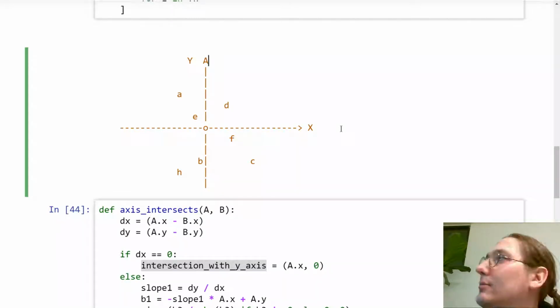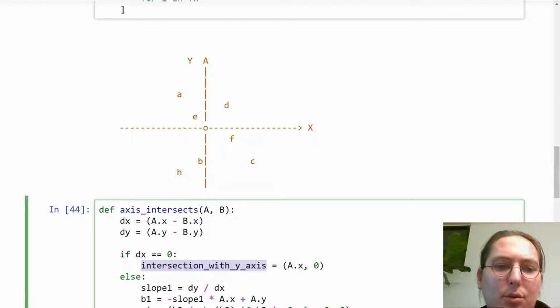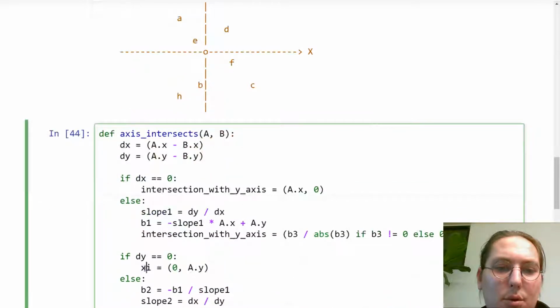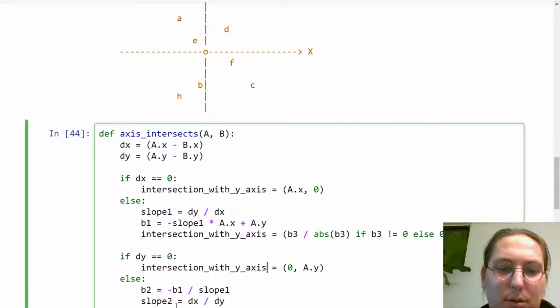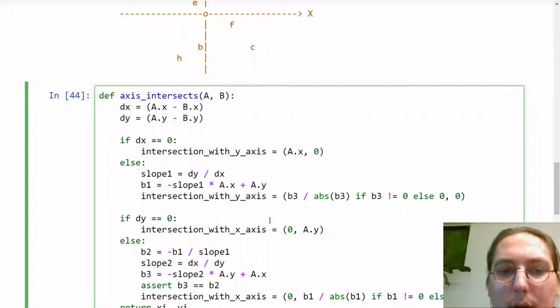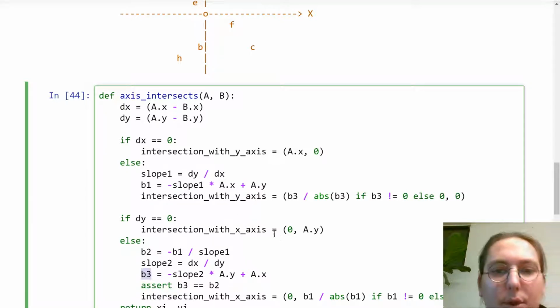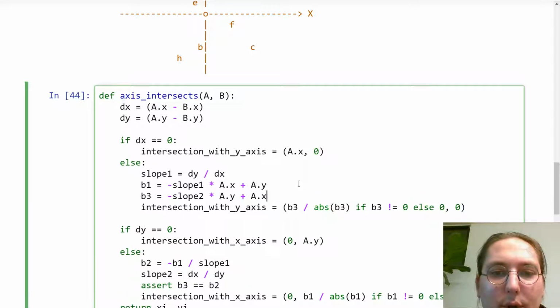I think it's in the else, not in the first. What is the else? It's the same issue. But then we didn't compute maybe the B3 yet. Good point. Yes, very good.